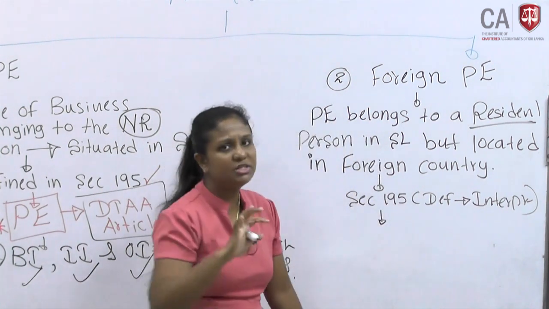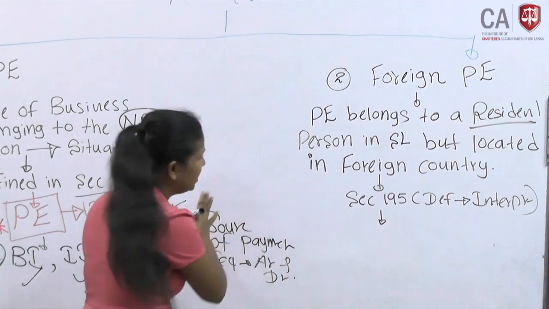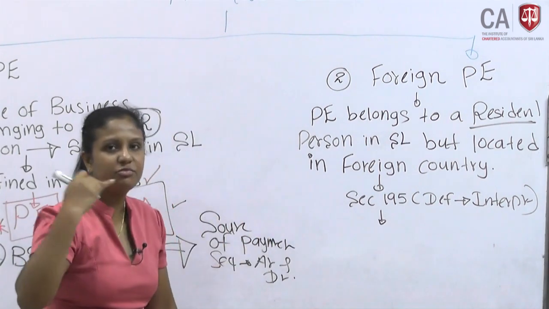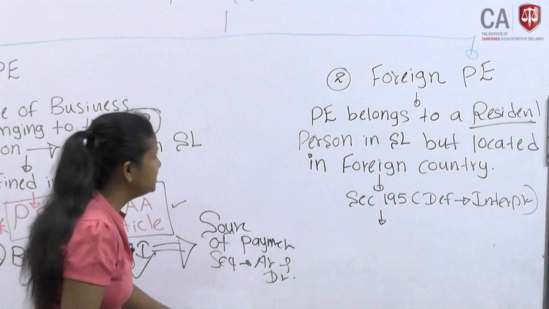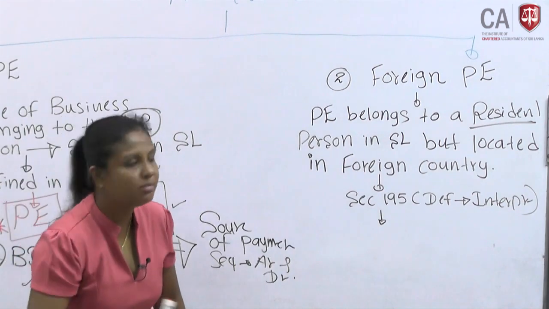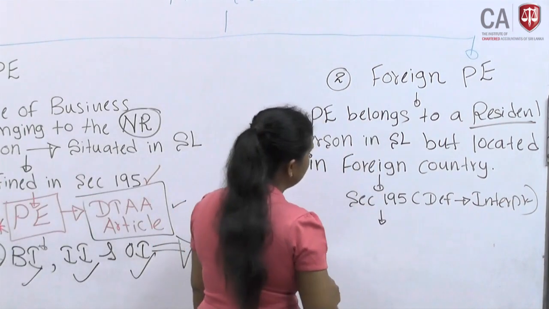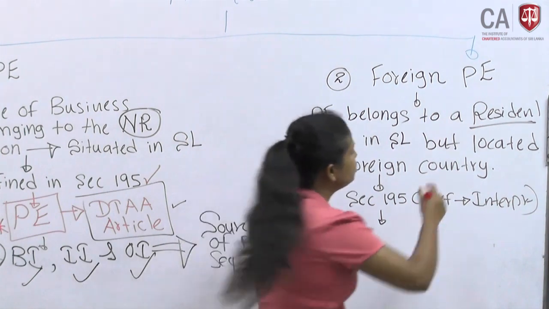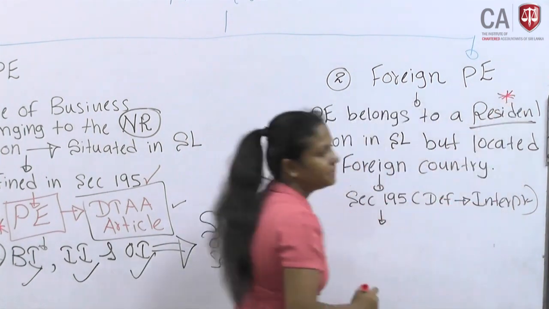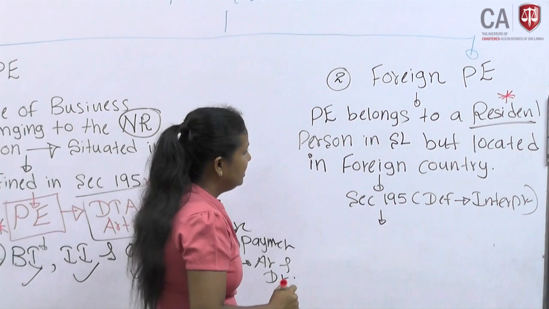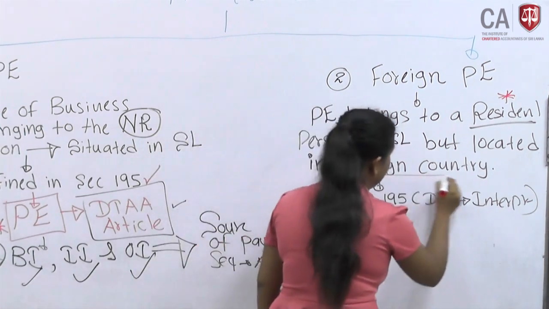Then for this one, what's your understanding? Now this part, the source of income should pay tax in Sri Lanka. Now think, this is a foreign PE. The PE belongs to whom? A resident person. Then it's located in a foreign country.